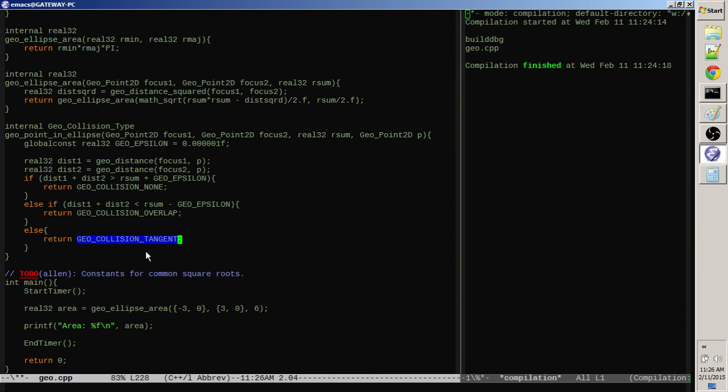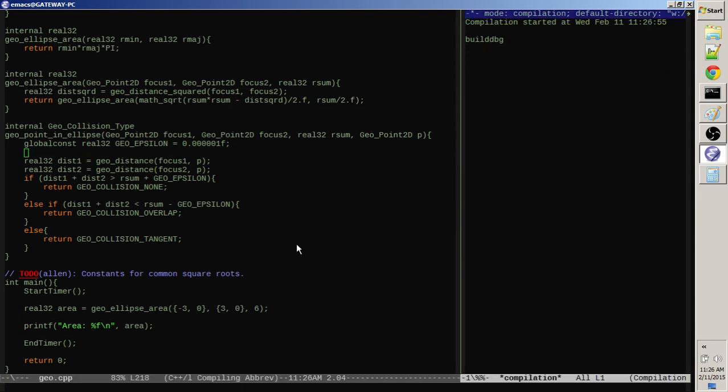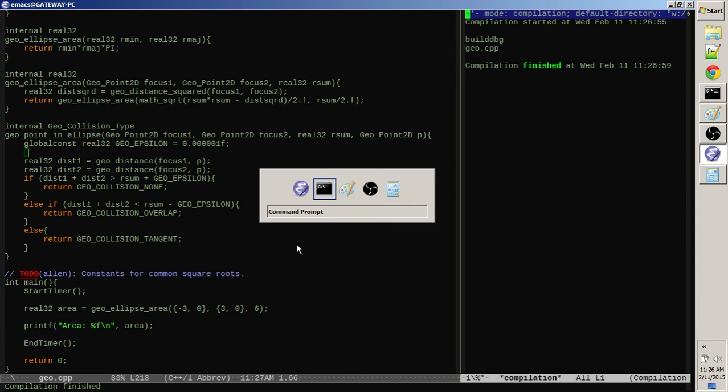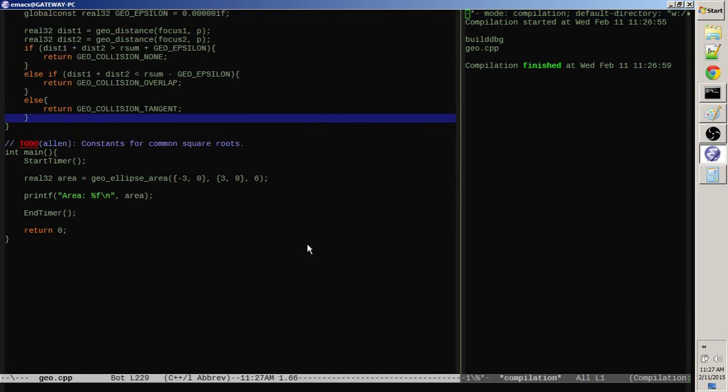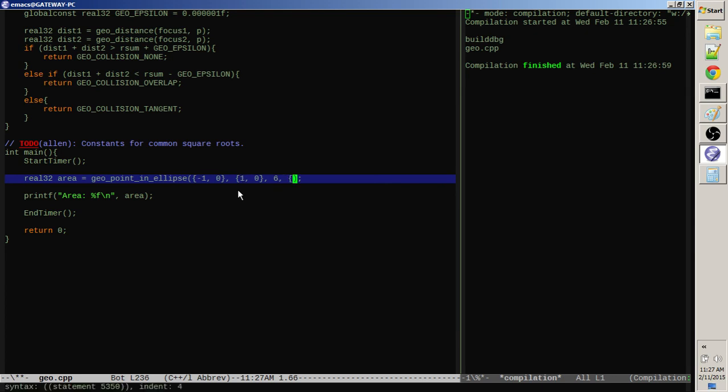Okay, let's see if it compiles, because that'll tell me more about if I made mistakes than anything else. There we go. Now let's build a quick test. Geo point in ellipse. Now, first point we'll check is the point 0, 2.